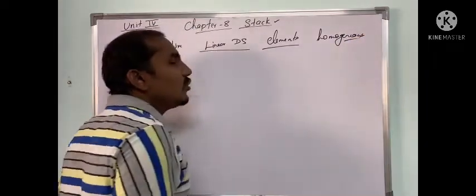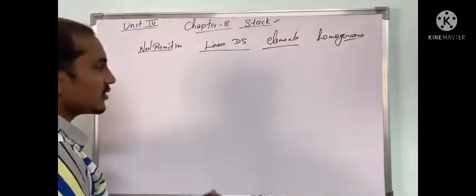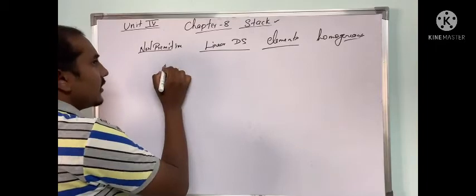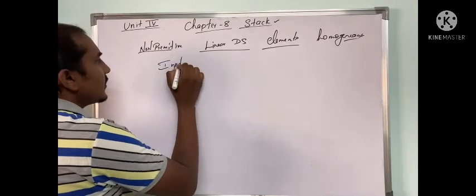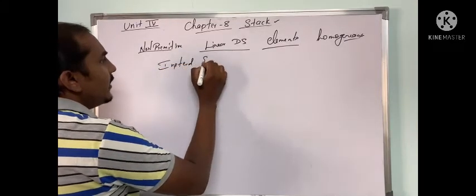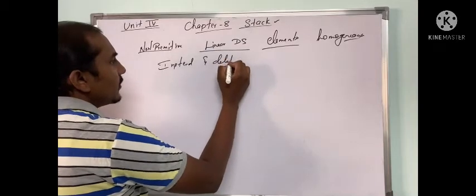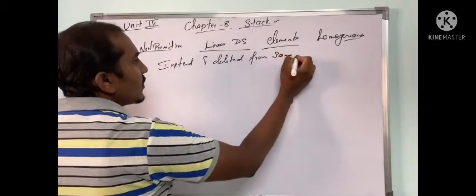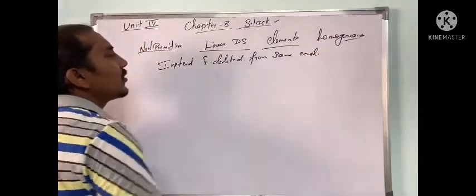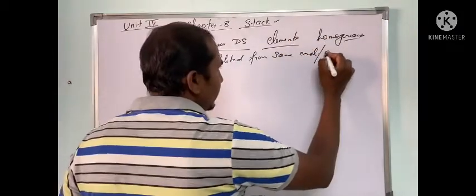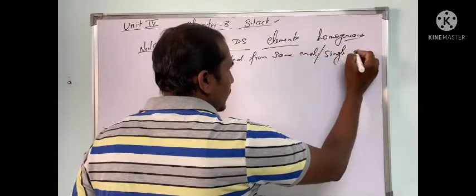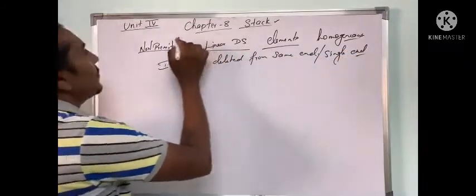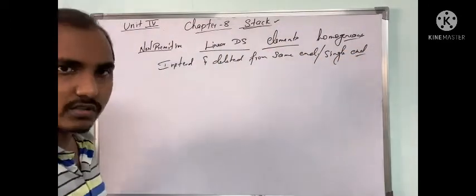So it is going to store homogeneous data elements, where elements are inserted and deleted from the same end, or you can also consider it as a single end. So this will represent a stack. So what is stack?